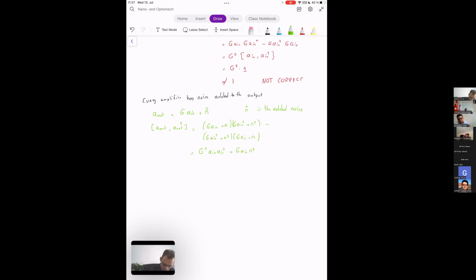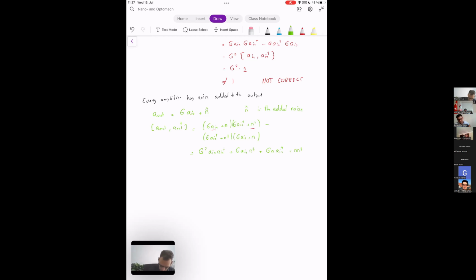That is basically the term coming from this one and that one. And there are going to be two more from this first product. Namely, we're also going to have G N A_in†, and also the cross product of N and N†. So plus N N†. So that's the first product that we have.